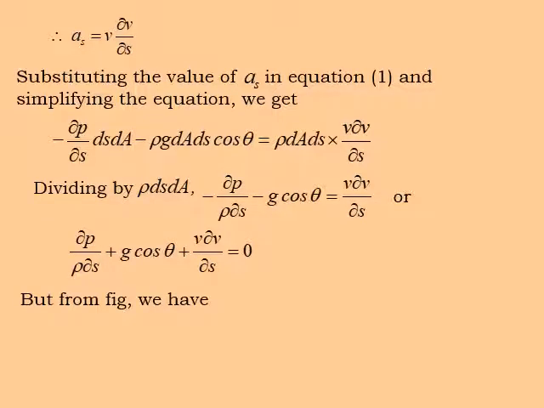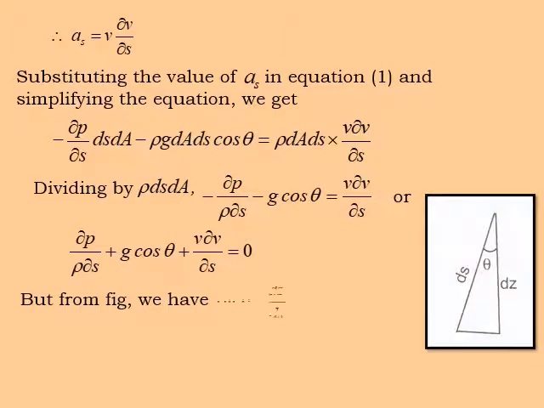But from the figure we have cos theta is equal to dz by ds.